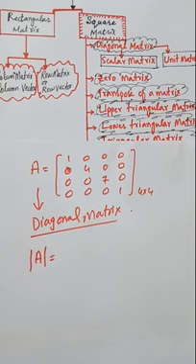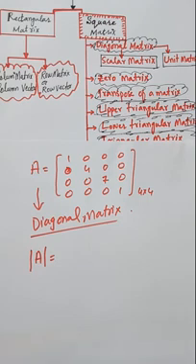You know the determinant of a 2 by 2 matrix: you multiply the diagonal elements and subtract the product of the non-diagonal ones. That is the definition for the determinant of a square matrix of order 2. But when the order of a square matrix is more than 2, such as order 3, 4, 5, 6, and so on, how can you find the determinant of those matrices?